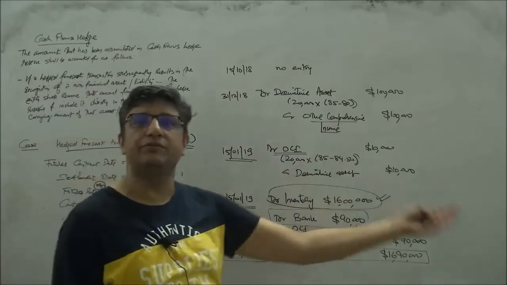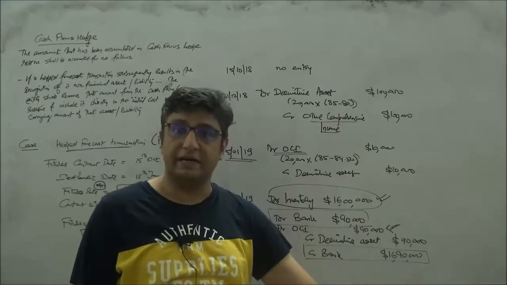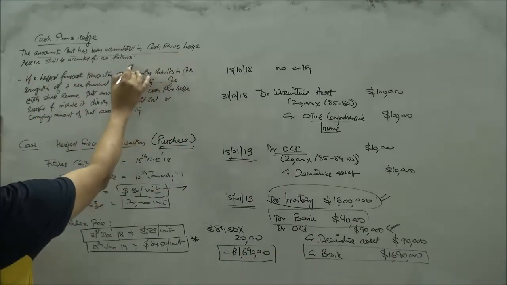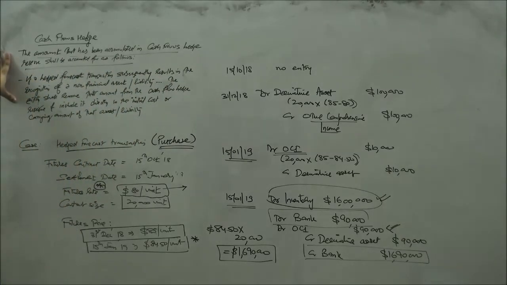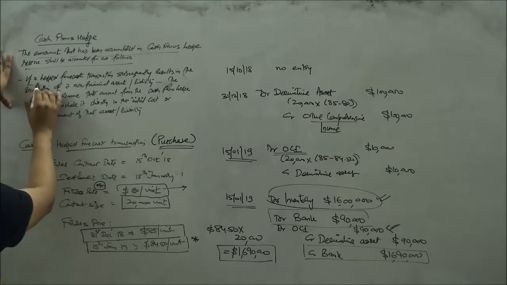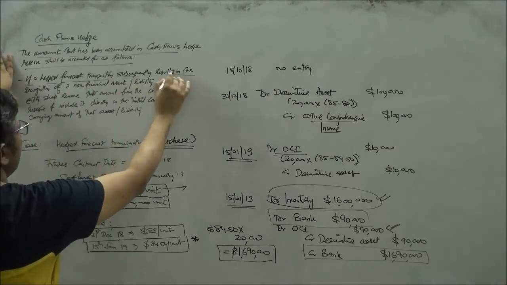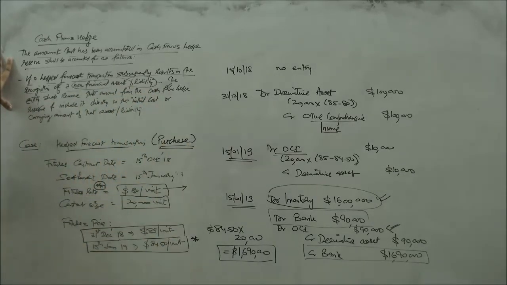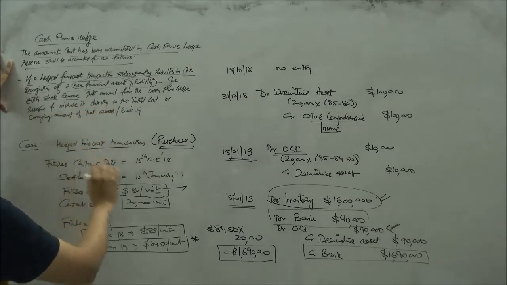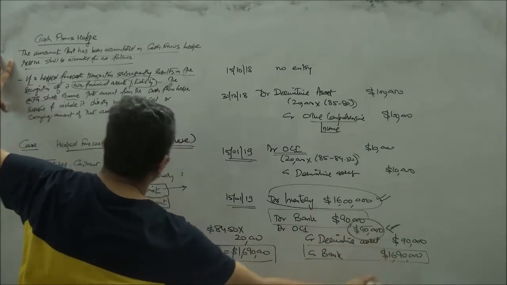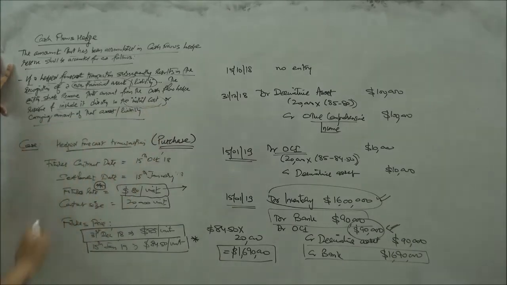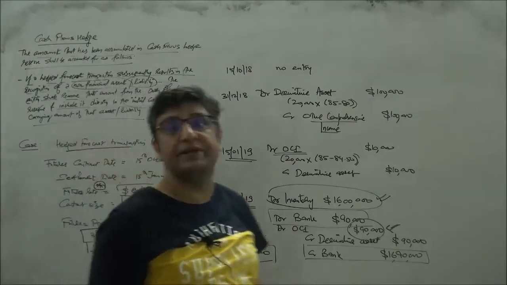What if it were a machine? It's exactly the same treatment, and that is what my standard is trying to tell me: the amount that has been accumulated in the cash flow hedge reserve shall be accounted for. If a hedged forecast transaction subsequently results in recognition of a non-financial asset or a non-financial liability, the entity shall remove that amount from the cash flow hedge reserve and include it directly in the initial cost or carrying amount of that asset or liability, right?